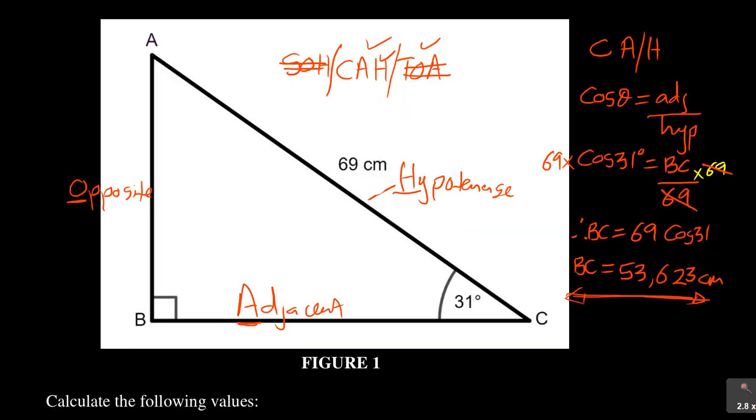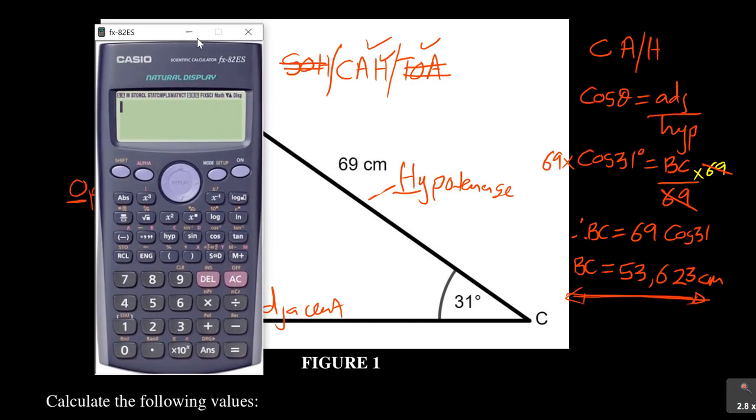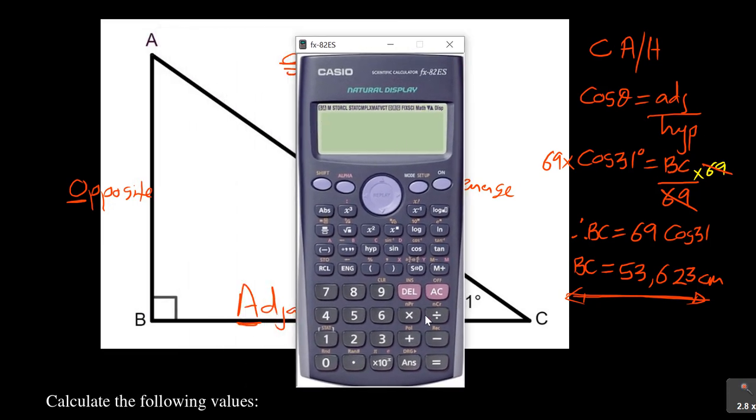Now let us try the previous one again to see if this was given correctly, because maybe there is an error that we made there. The previous one, the hypotenuse was 69, the adjacent was that, and with a calculator we said BC is equal to 69 cos 31. Let's just cross check if that is correct, which is 69 cos 31.